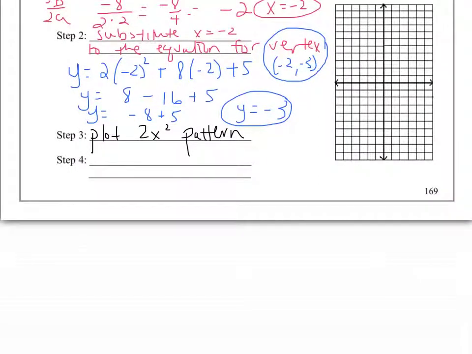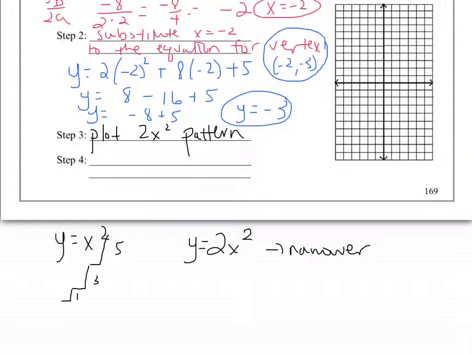We talked about y equals x squared, the parent graph, how we go over 1, up 1, over 1, up 3, and over 1, up 5. We also talked about how when we have a coefficient in front, it changes: the larger the number, the farther away from 0, the narrower it gets.